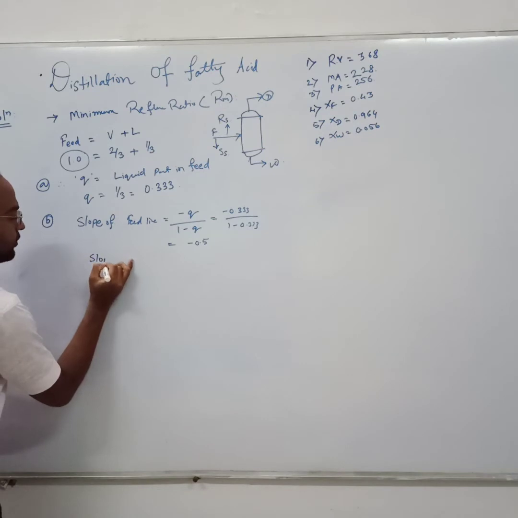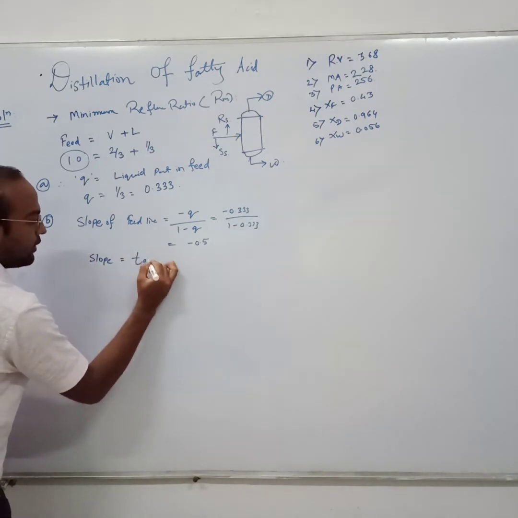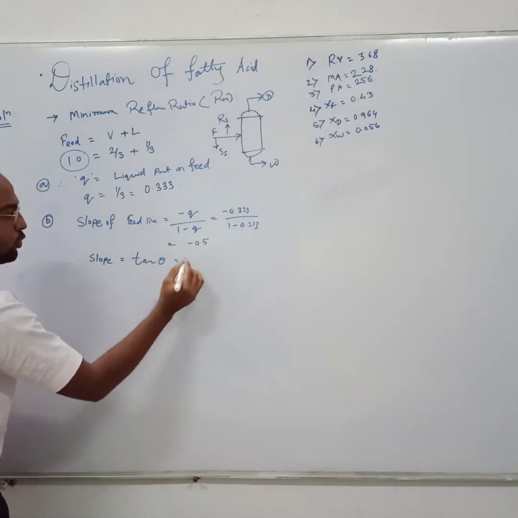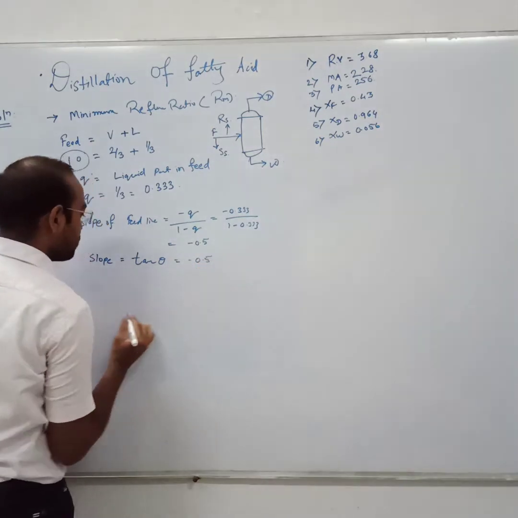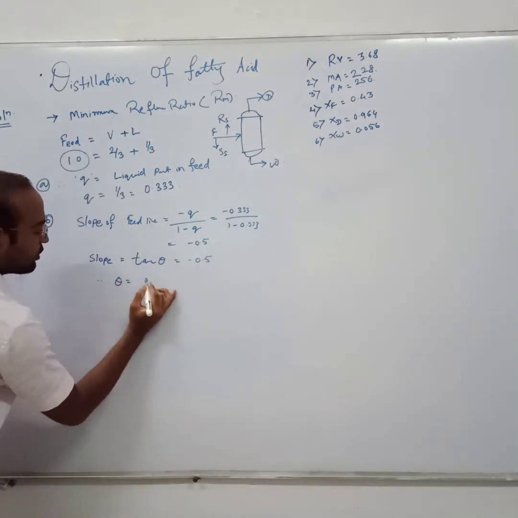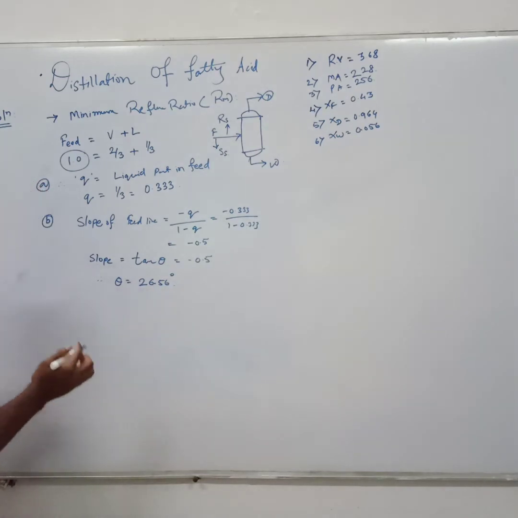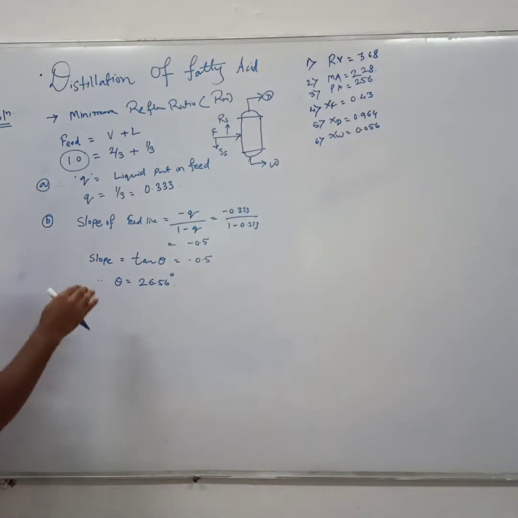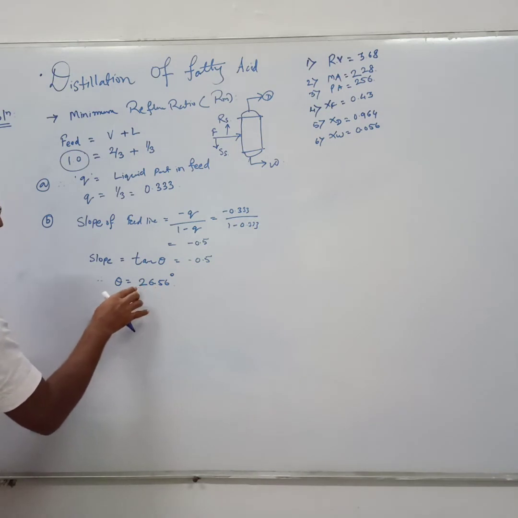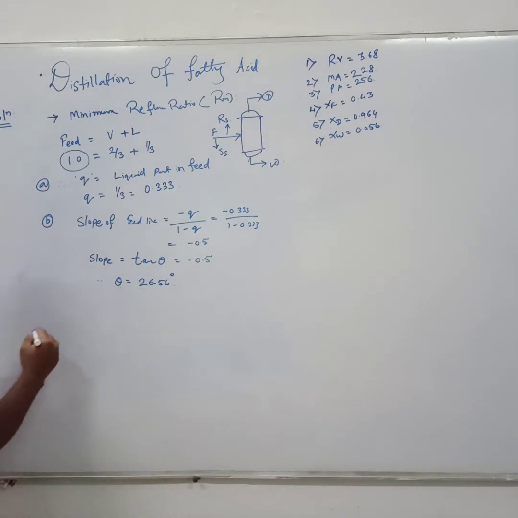Slope equals tan theta, and the value of slope is minus 0.5. So we are getting theta equals 26.56 degree. Means the slope of your feed line is at the angle of 26.56 degree.